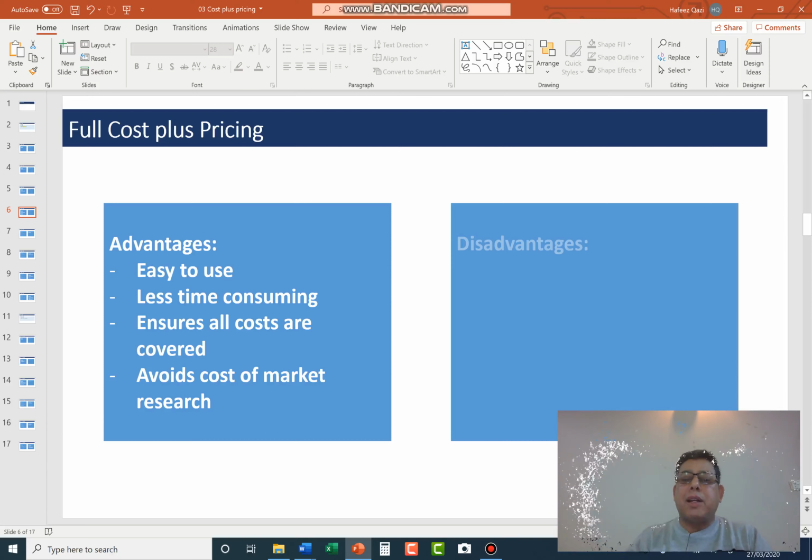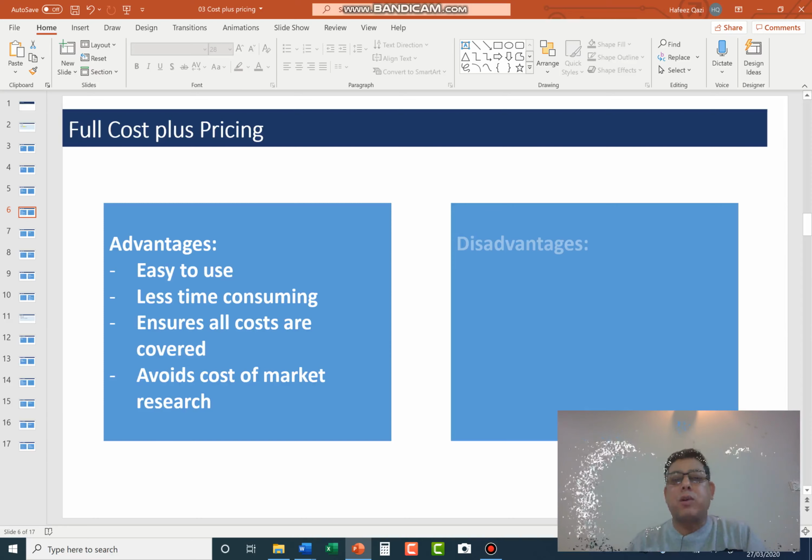Also, it avoids the cost of conducting market research, because there are other techniques, as we are discussing in various sessions, such as target costing, or market-based pricing techniques. They all are very expensive these days because the data or information doesn't come for free.